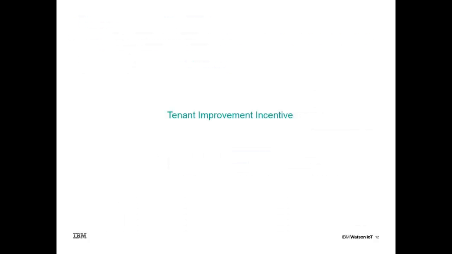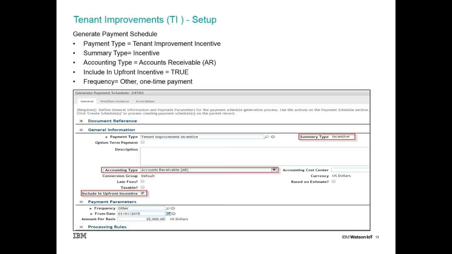So the tenant improvement incentive, I'm just going to go through that first. For the setup, like I said in the ASC 840 enhancement session, we made the change on the general payment schedule.